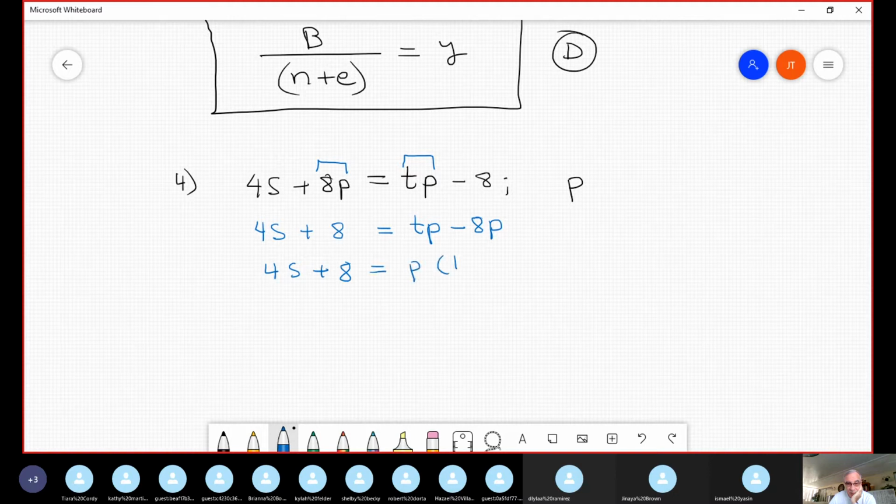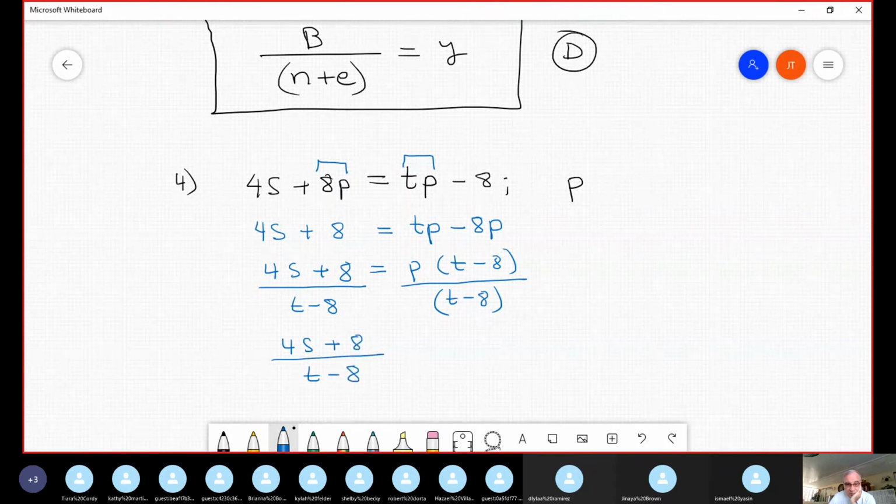I factor out p, t minus a. Divide both sides by t minus a, like one binomial, t minus a, and the final answer is 4s plus 8 divided by t minus a. For p, remember that part and this part is cancelled. That was the intention. Let me try 4s plus 8 over t minus a. It's obvious, it's the option C.